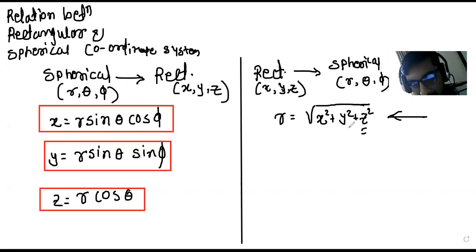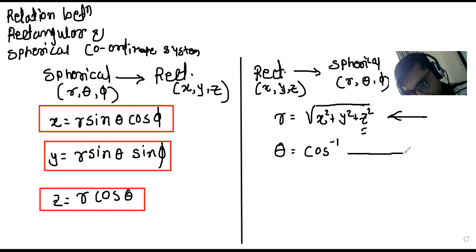So the radius of spherical coordinate system is always greater than the radius of cylindrical coordinate system. This is a basic concept. Then we have theta, which is equal to cos inverse of z upon under root x square plus y square plus z square, which is basically the value of r.